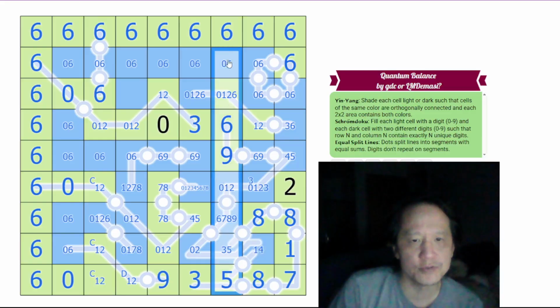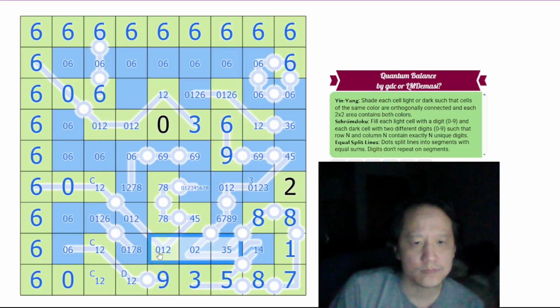So this is 3, 5. So this is 7, 8. It could be the same 7, 8 here. Okay. It has to be the same 7, 8 here.